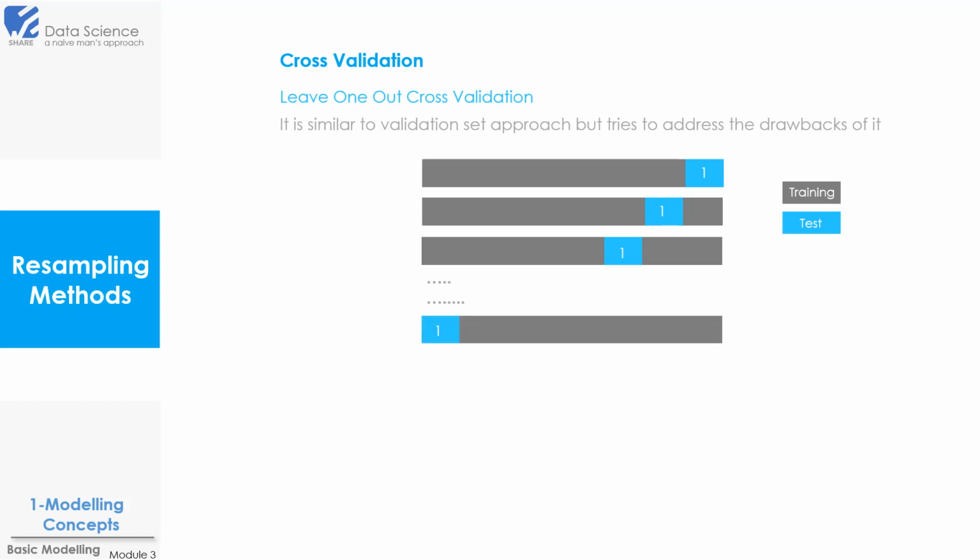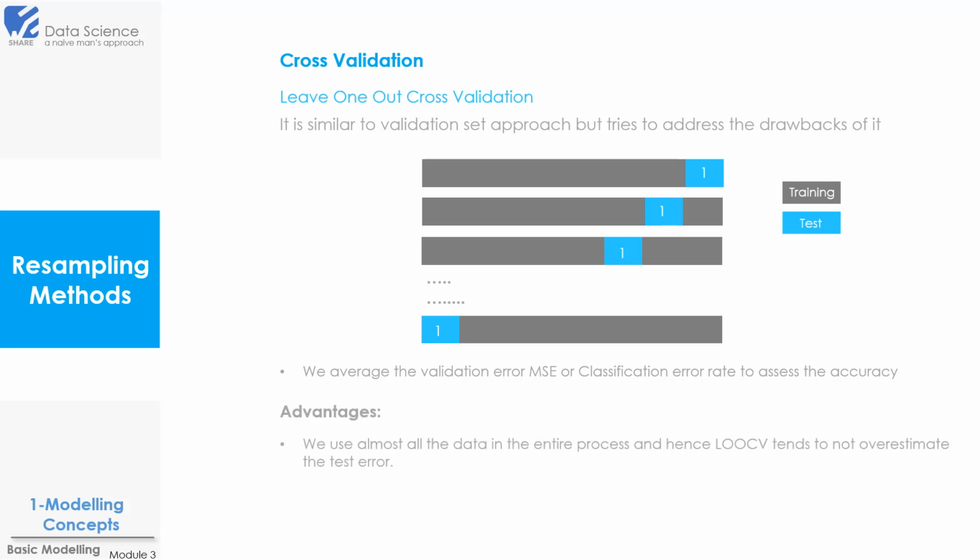Then we perform this process throughout our data by keeping one observation for validation and rest for training. Once we apply this process on the entire dataset, we then average the validation error MSE or classification error rate to assess the model accuracy. Since we are keeping only one observation out, hence this method is called leave one out cross-validation.